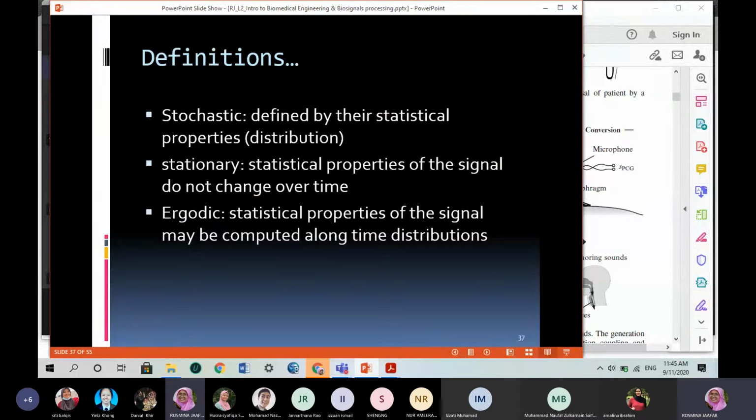The signal is the same value over the time. Okay, ergodic is having statistical properties of the signal that may be computed along time distributions. These are all just definitions. So that when you come across them, you are not surprised.